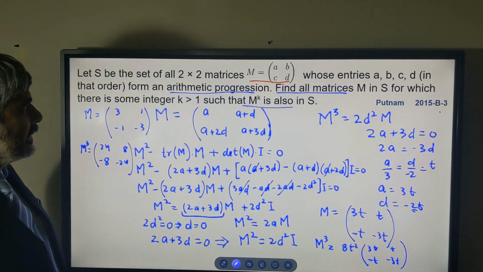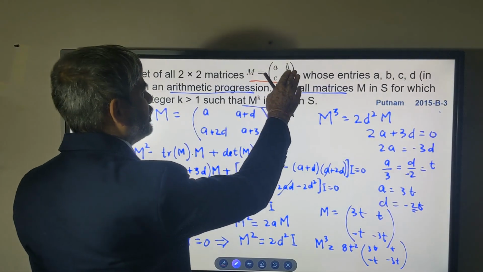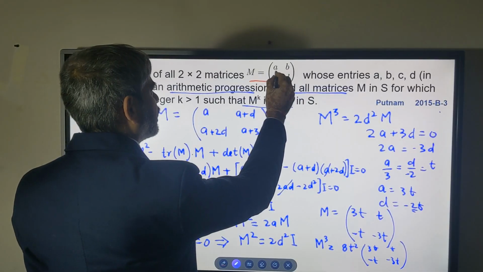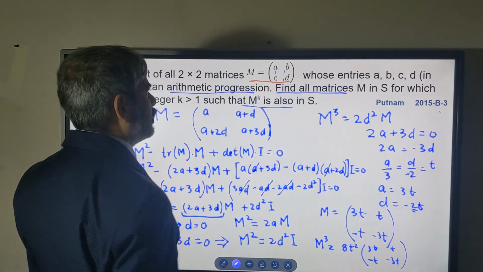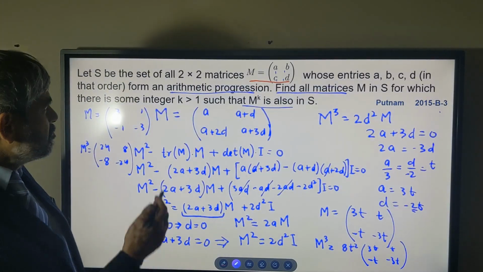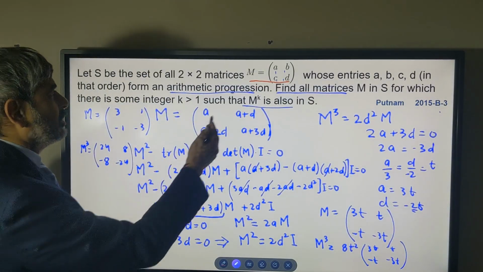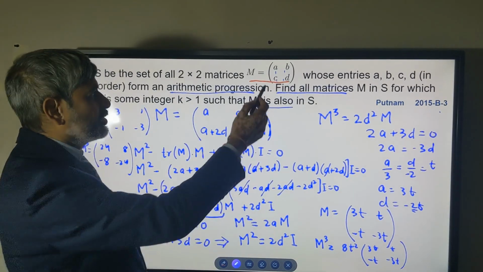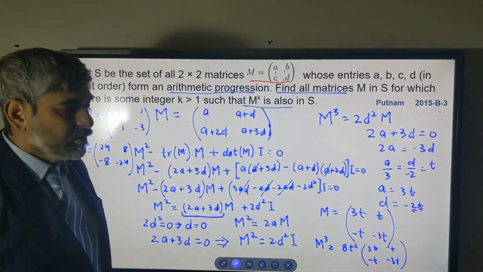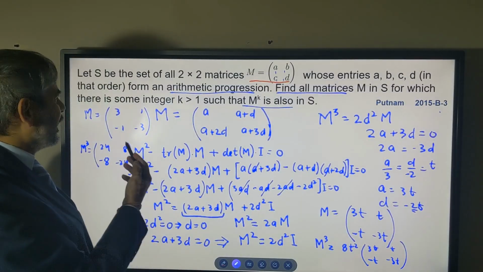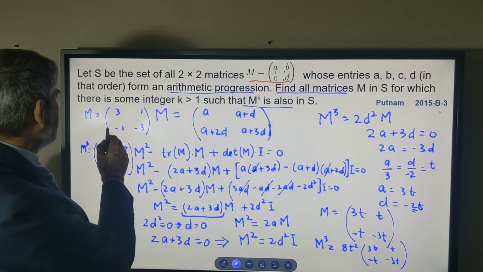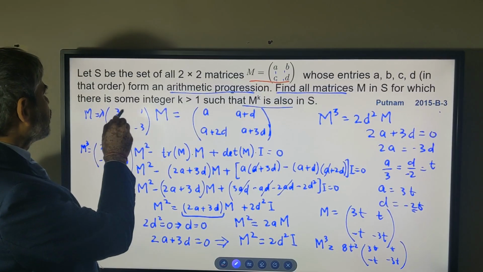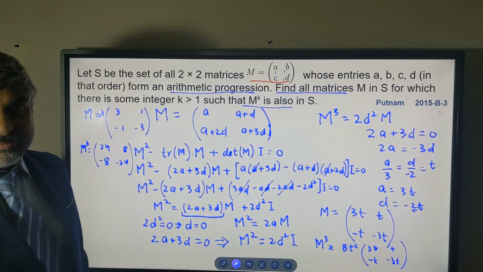So our final answer is M has to have elements something like 1, 1, 1, 1, or a linear multiplication of 1, 1, 1, 1 multiplied by lambda, or the elements of M have to be something like lambda times 3, 1, minus 1, minus 3.